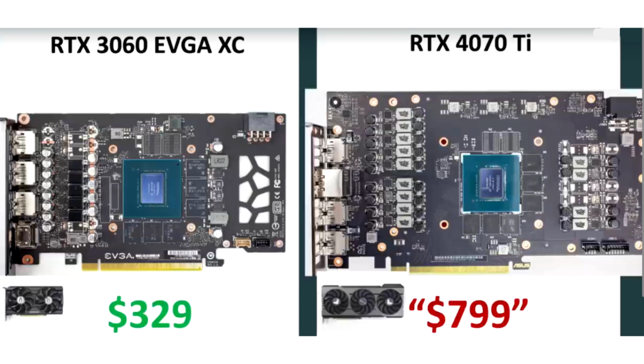In particular, the previous representative of this type of card, the 3060, had 12 GB of RAM for a price tag of $329, while the 4070 with the same 12 GB will already cost the buyer $799. Looking at the boards of both graphics cards, our hero notices a large number of similarities between them.